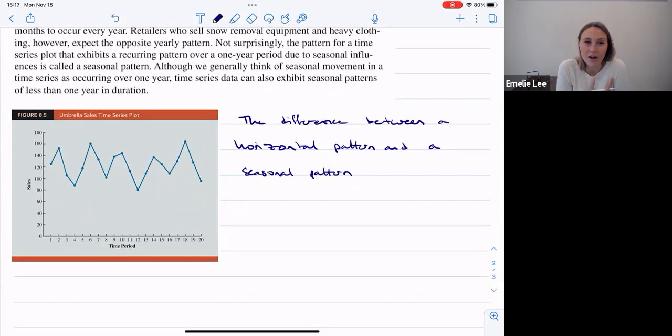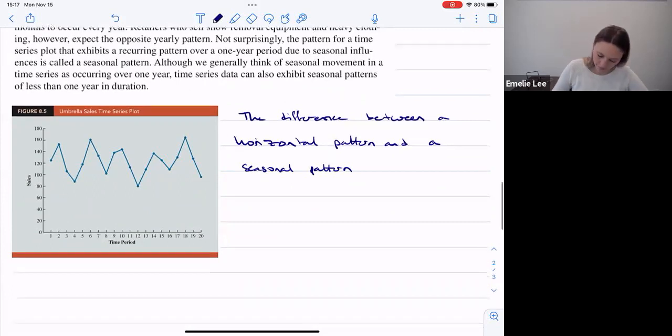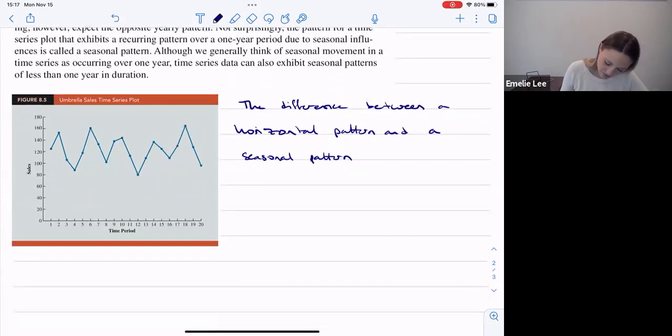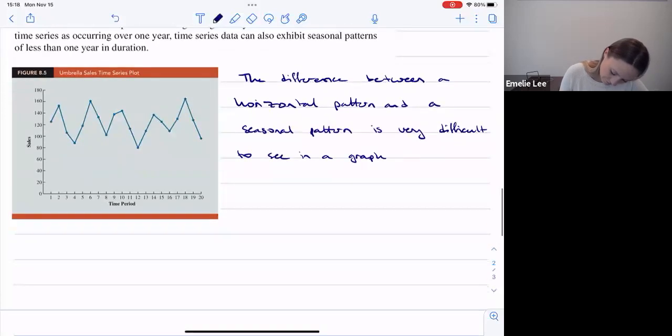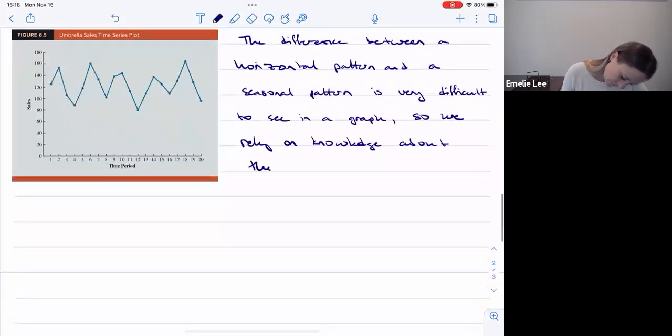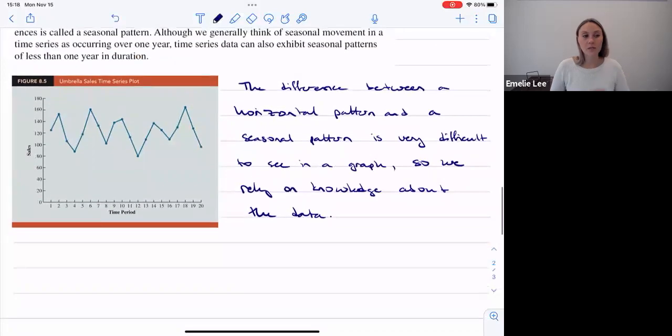So it's going to rely on knowledge about the data, to help us determine if it's a horizontal trend or if there's something deeper going on here.